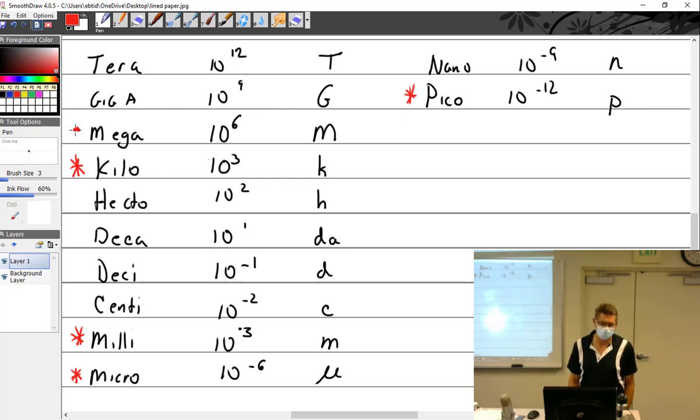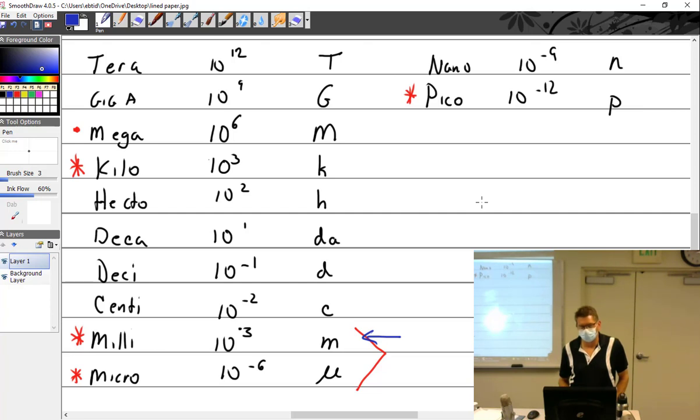Those are the prefixes you're going to use in electricity. Most of the time we're going to be using these two right here, and the one you will use the absolute most is milli. You need to know your millis and your micros.